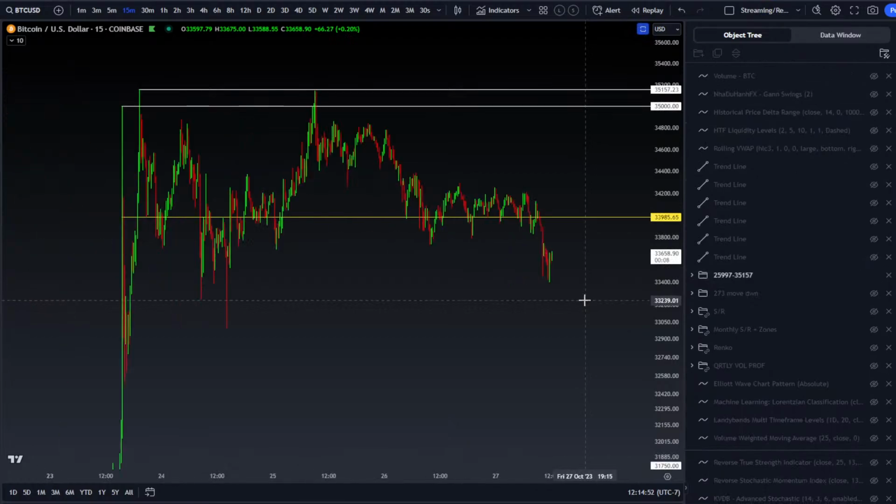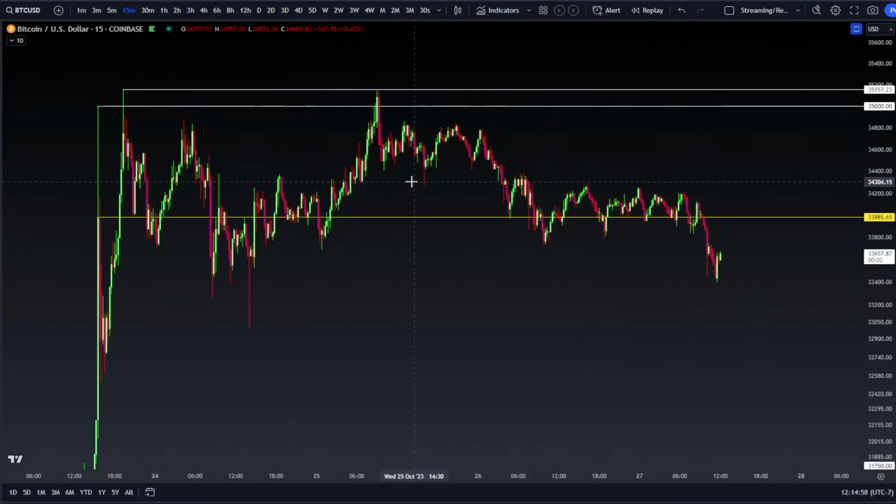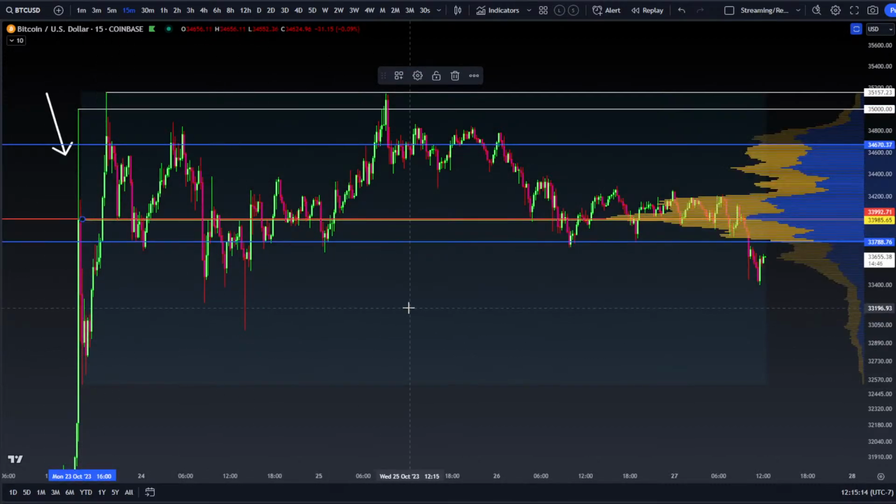We can see that, again, right around $34,000, we have the open over here, right? So that's where the point of control of the current range is. A lot of that is defined by this candle close, so keep that in mind. If you did want to exclude that particular candle, you can come over here and just grab the low of the candle over here.